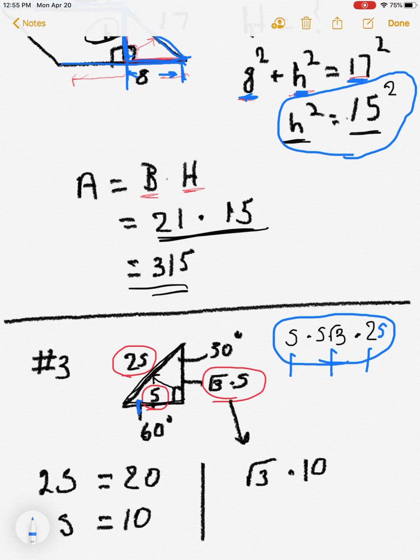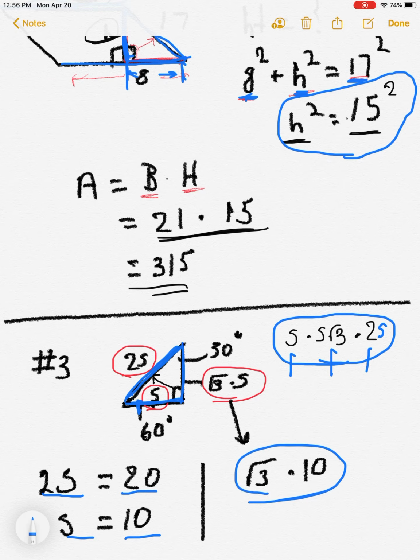So in this problem, number 3, I noticed that the slant height, which is 2s, is 20. What I'm going to do then is set 2s equal to 20. Solving that problem, I get s is 10. The side across from the 30 is 10, so this length right down here is 10. So the real height, you should be able to calculate then as that multiplied by the root of 3, or root of 3 times 10.